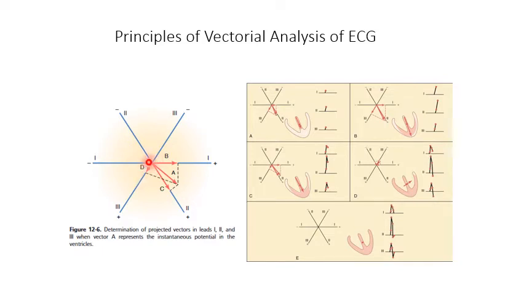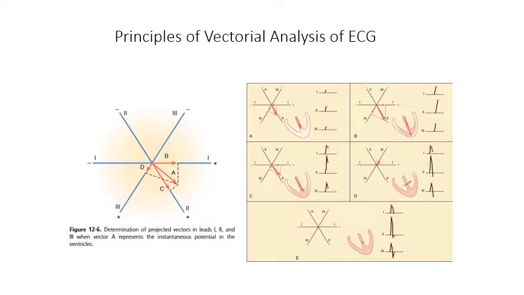The projected vectors in different leads don't have equal length, because it depends on the perpendicular line that we draw and the angle of that lead.